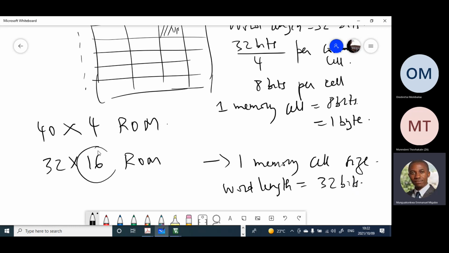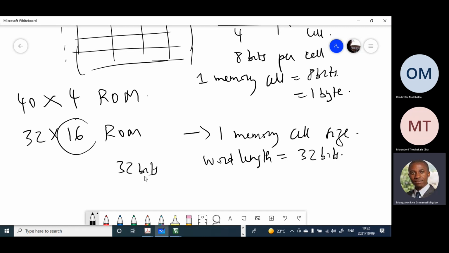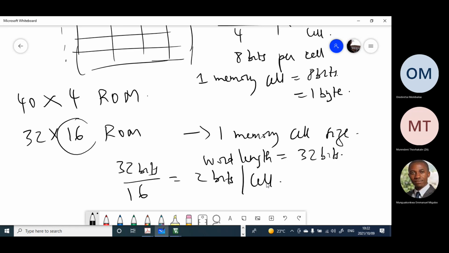So the memory cell size will be the size of one cell, which will be in this case 2 bits. You agree? Yes, 2 bits to be specific, because there are 16 columns in this case. So that will be 2 bits per cell. You wanted to say? No, I was agreeing. Sorry. Okay, so that's exactly what is going on there.